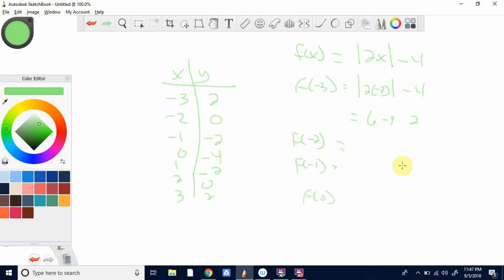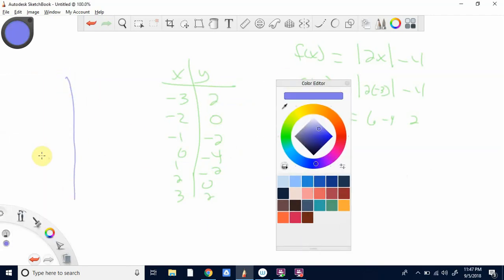Can we graph these coordinates? Yes. Let me actually move this over here where I have more space. So 1, 2, 3, 1, 2, 3, 4, 1, 2, 3, 4, 5. So now it's just a matter of graphing our points, -3, 2, sorry, graphed that wrong. Oops, I still graphed that wrong.